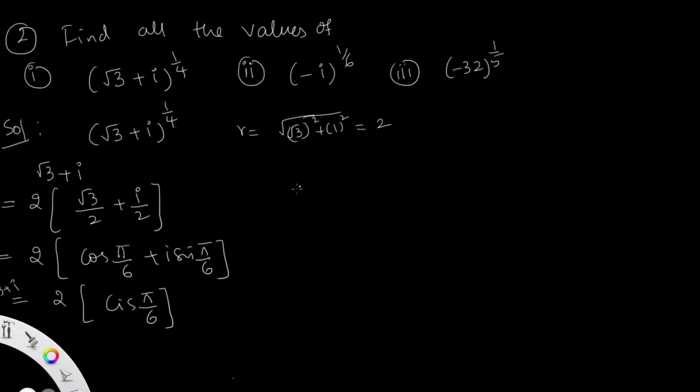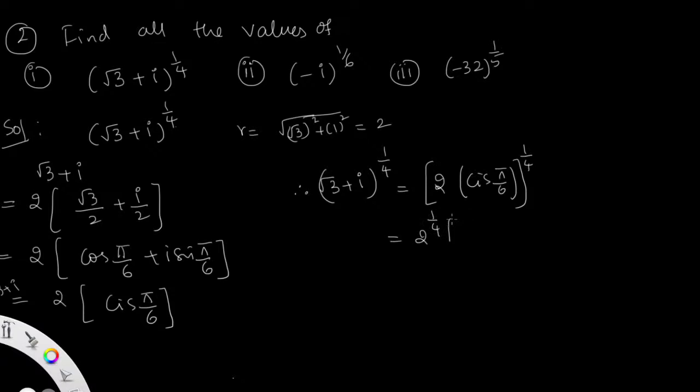Now the power raised to √3 + i is 1/4, which is nothing but (2 cis π/6) to the power of 1/4. That is 2 to the power of 1/4 times (cis π/6) to the power of 1/4, which represents 4 values.